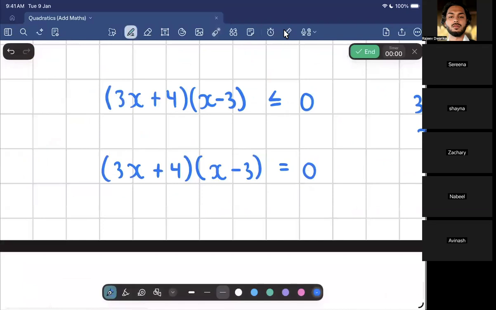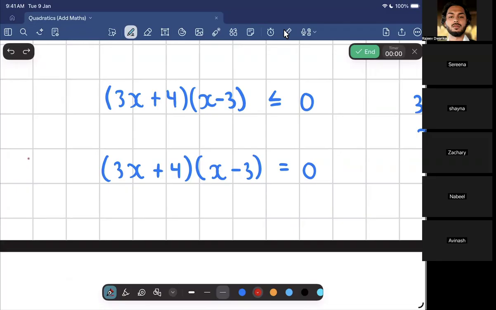Avinash, if you expand this, what would the x squared term be? X by X by X. It will be 3x by x. What is 3x by x? You're multiplying.